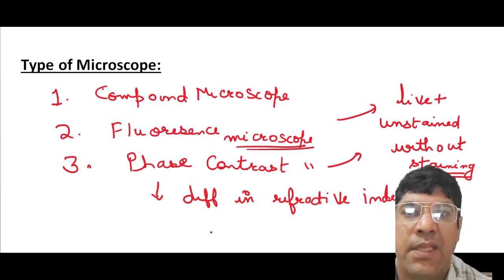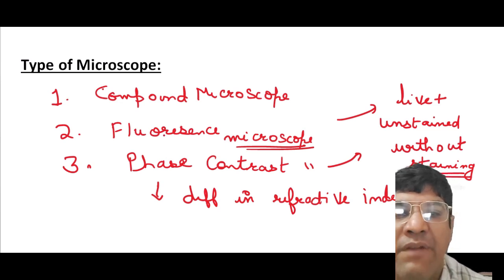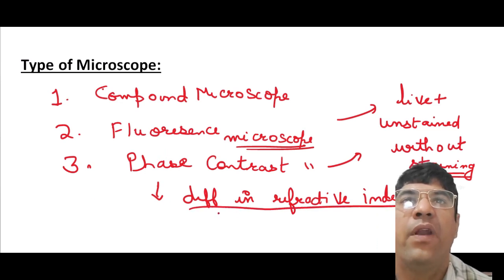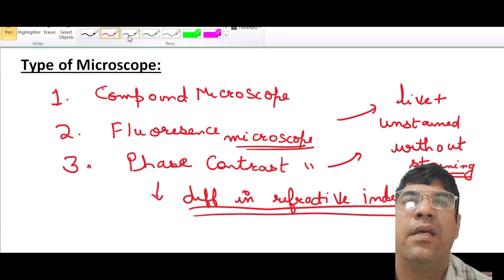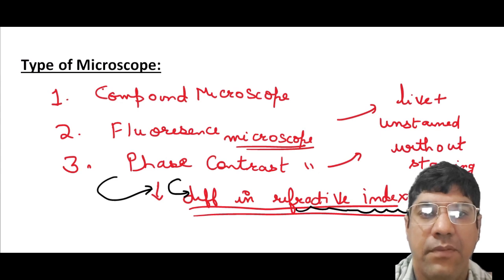So when the light passes through these materials, it can experience a phase shift or delay due to the difference in the refractive index. So for entrance exam, you have to just remember that the principle of phase contrast microscope is due to the difference in the refractive index.